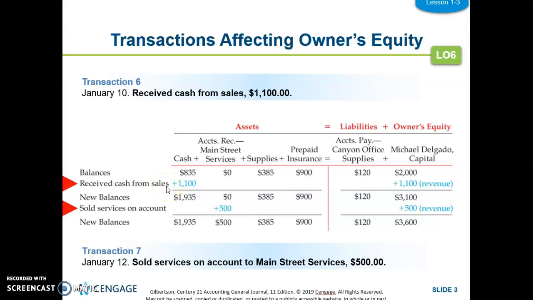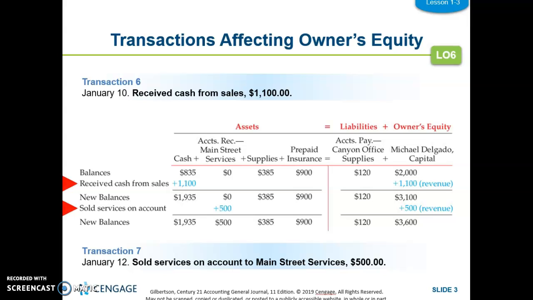And then our capital account will also increase by $1,100, and you need to write revenue in parentheses next to it. Later, we will actually get an account that's called sales, but for right now, we're recording it all in the capital account as revenue. And then you can see your new balances down here. Now, this works out. We added on both sides of our accounting equation, so it is still in balance.